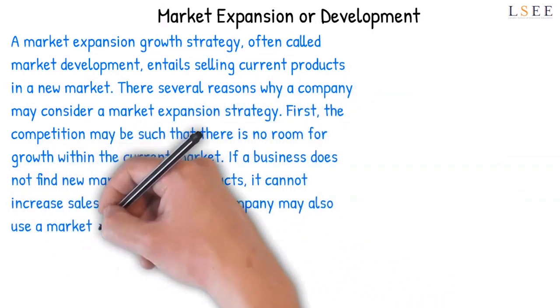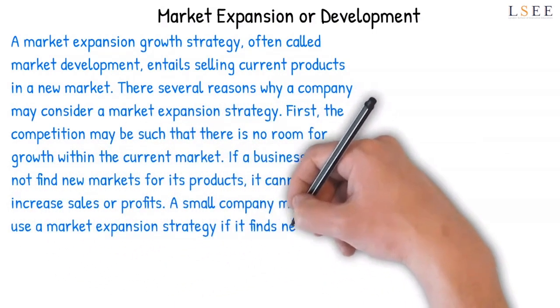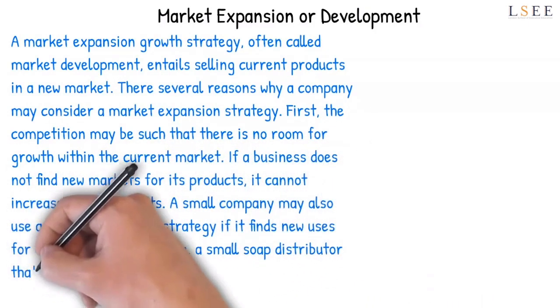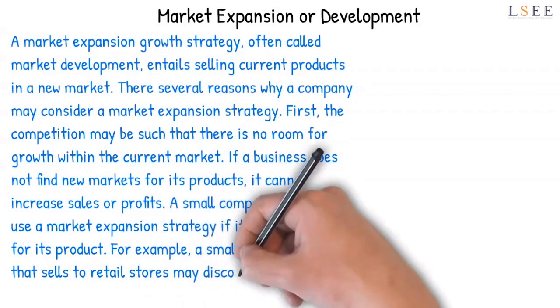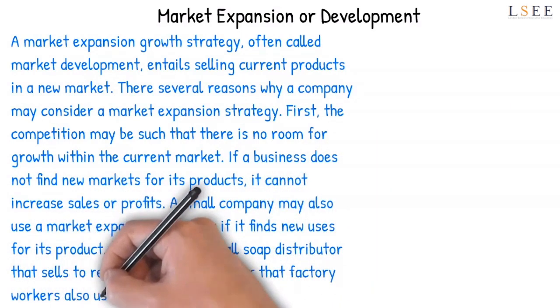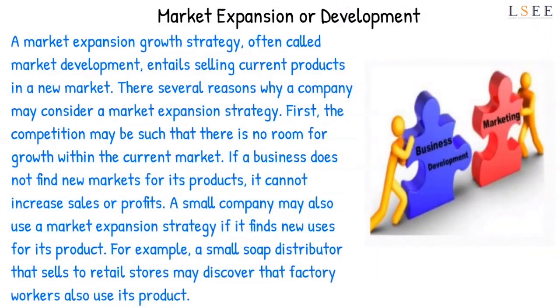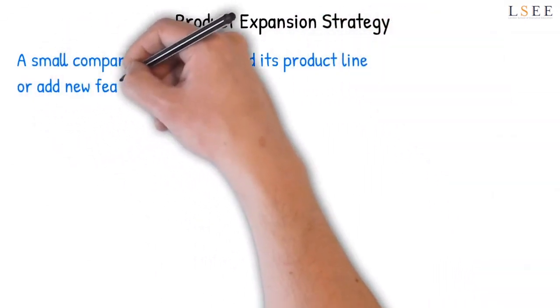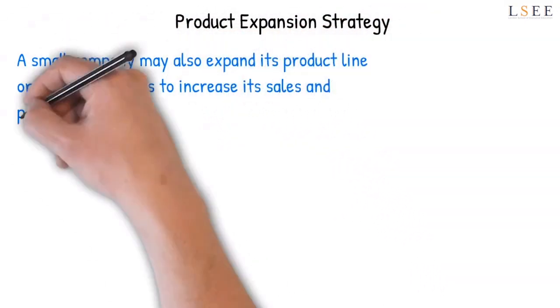A small company may also use a market expansion strategy if it finds new uses for its product. For example, a small soap distributor that sells to retail stores may discover that factory workers also use its product. Product expansion strategy. A small company may also expand its product line or add new features to increase its sales and profits.